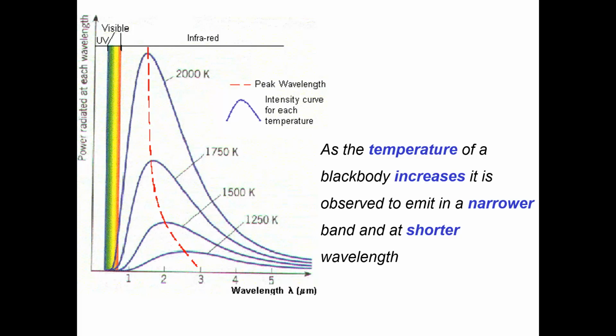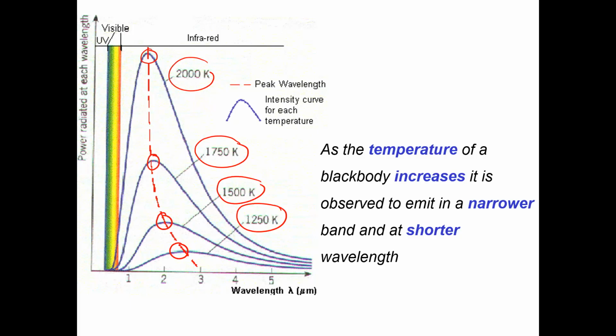And what we notice is that as we raise the temperature of an object, the peak where it emits the most light shifts to shorter and shorter wavelengths, okay? So as the temperature of a black body increases, it is observed to emit in a narrower band of wavelengths, with the peak of that narrower band being at shorter wavelengths.